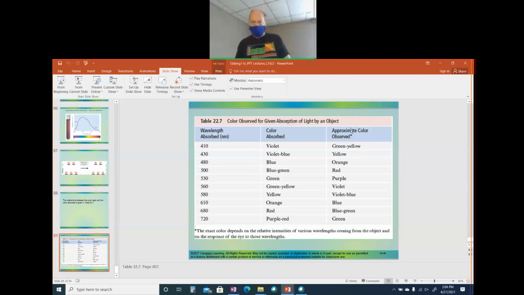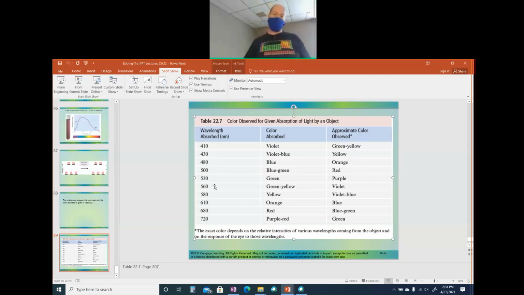The absorption's at 470, so we're right here, right around 480, and so what we're going to see is orange. You go to as close as you can get to 470 on this chart and see that the color is going to be orange.